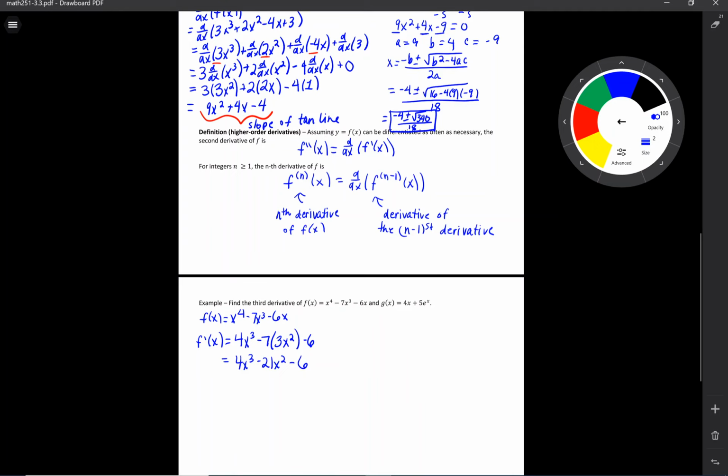To find the second derivative, I take the derivative of this guy. So f double prime of x is equal to 4 times 3x squared minus 21 times x, and the derivative of negative 6 is 0. So this is 12x squared minus 21x.